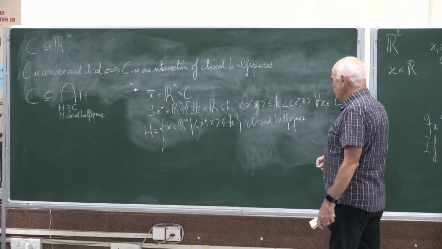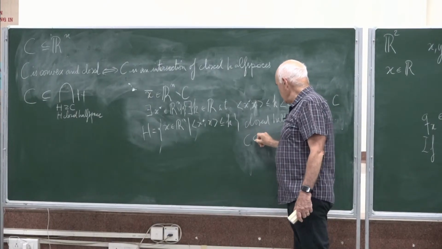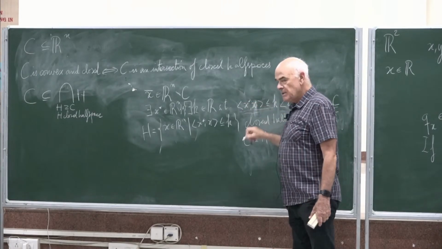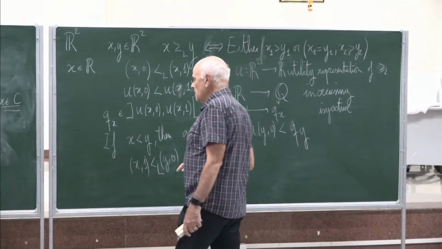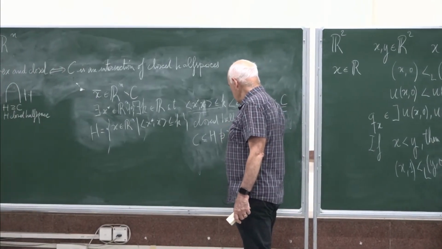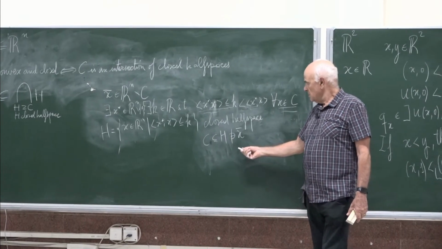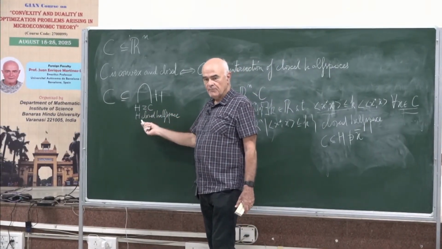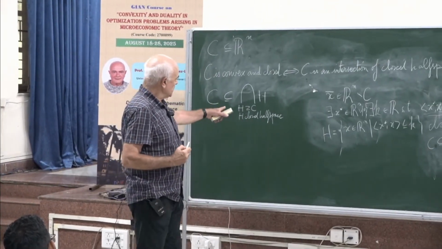It is a closed half space. And what we are saying here is that C is contained in H because every element in C satisfies the inequality that defines H. But we are saying here that x bar doesn't belong to H. So we have found a closed half space that contains C, so it is in this family, but does not contain x bar. So x bar is not in this intersection.